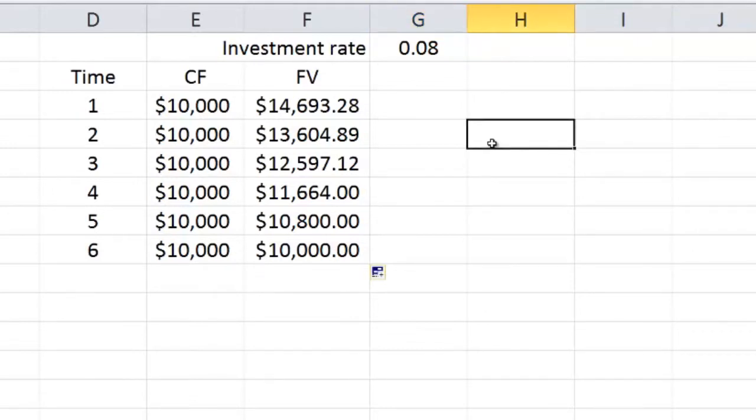For our future value equation, again, calculate this in steps. The first step: 1 plus I to the n, minus 1.